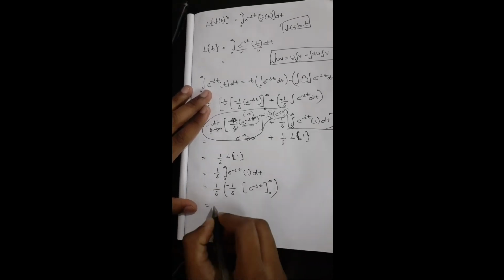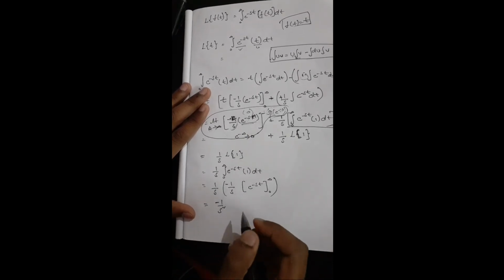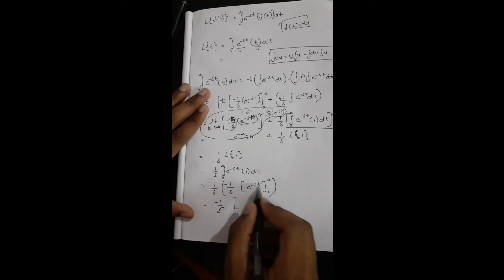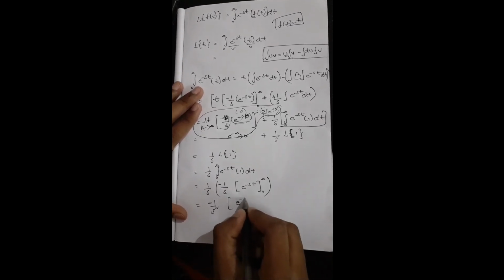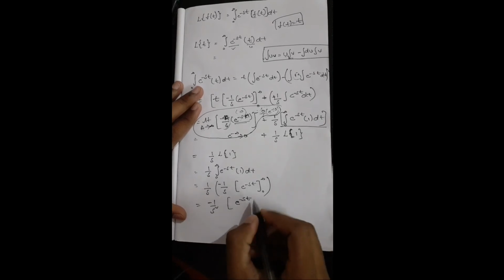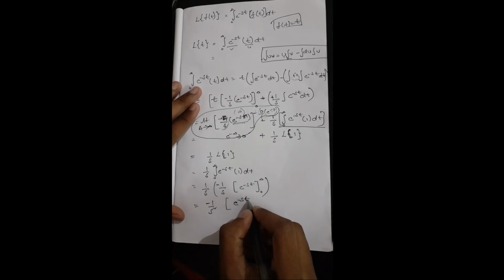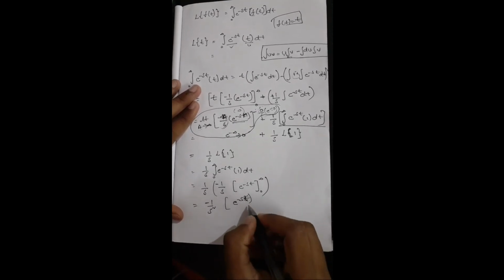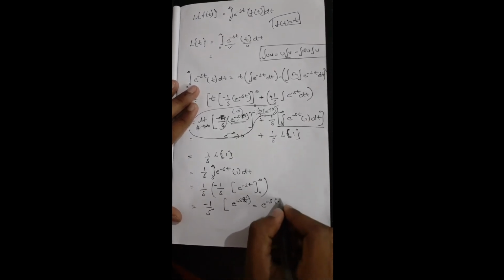So minus 1 by s square into, applying the limits here, e to the power minus st, where the value is infinity here, minus e to the power minus s into 0.